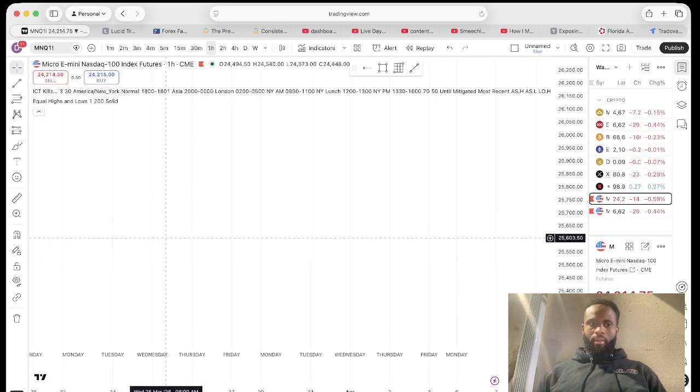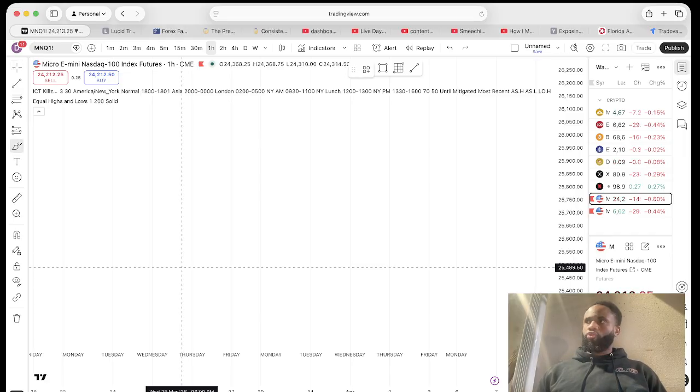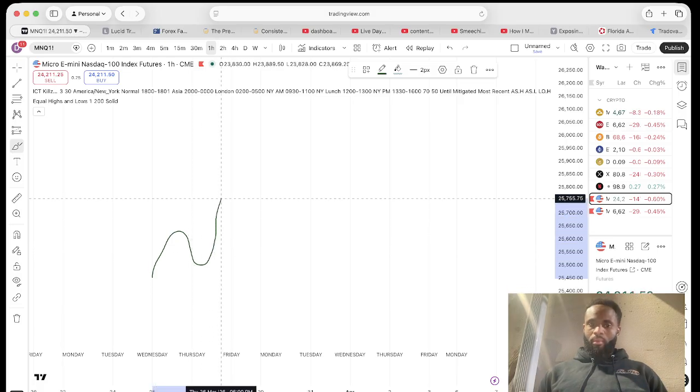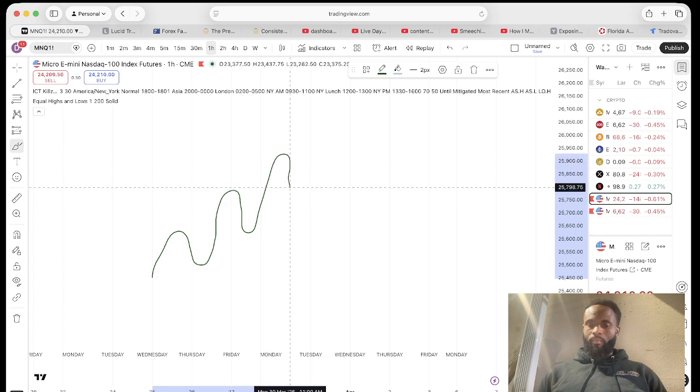Now, a trend. The market basically moves on trends. It moves on higher highs and higher lows, or it moves on lower highs and lower lows. So if this is a trend and the market is moving like this, guess what?